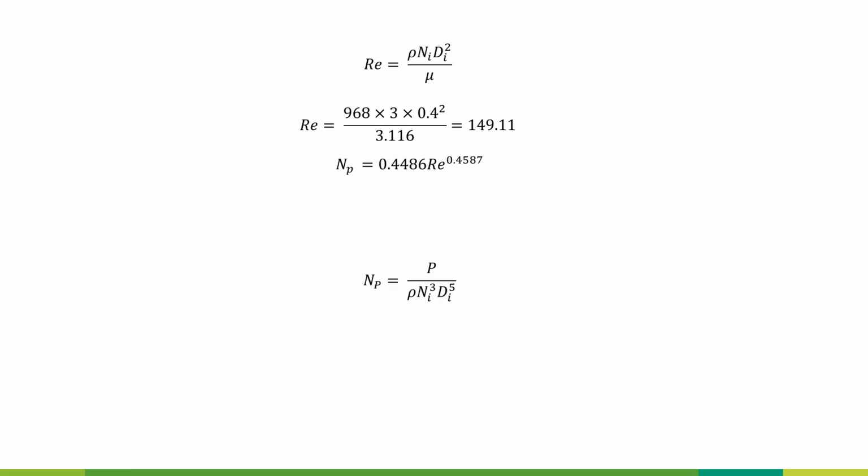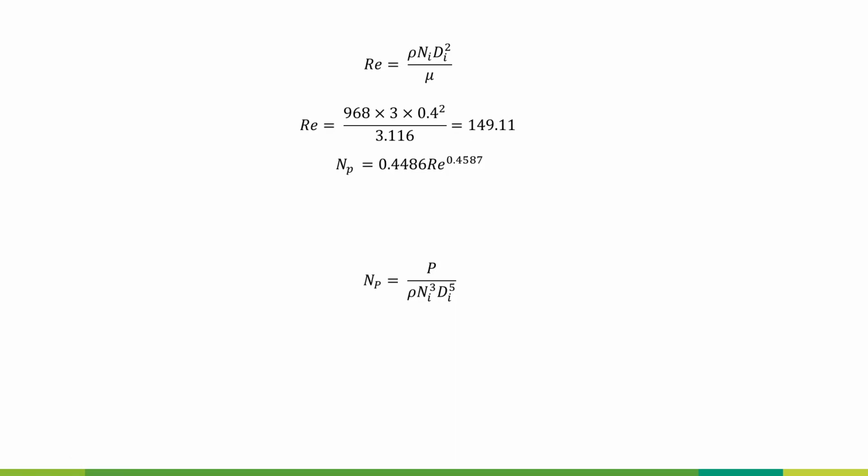And this is the correlation that is given in the question for this particular turbine system and the fluid flow properties. So NP is equal to 0.4486 Reynolds number to the power 0.4587. This correlation will keep changing with the kind of impeller that you are using, the number of blades, the kind of fluid that you are using, and so on. So this correlation is not constant, it will depend on the system.